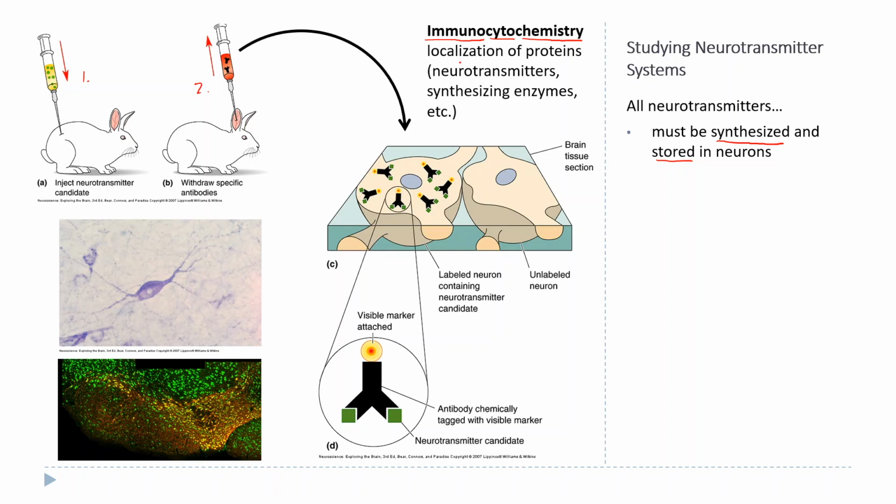Histo just means tissue. But in any case, you apply your antibody to your tissue, and in so doing, it should bind to the protein or whatever molecule you made antibodies to in the host, in the target cells.